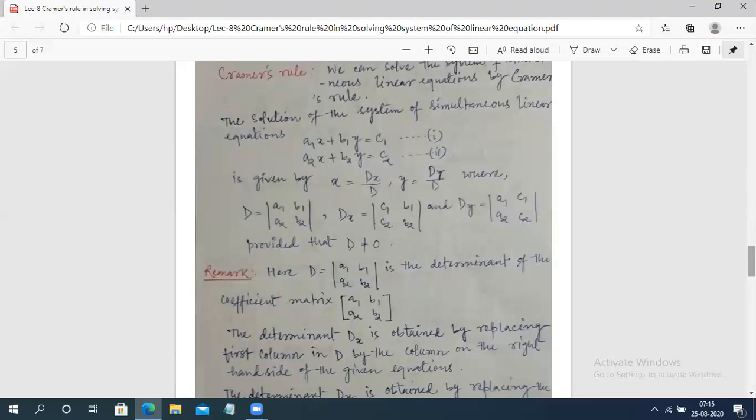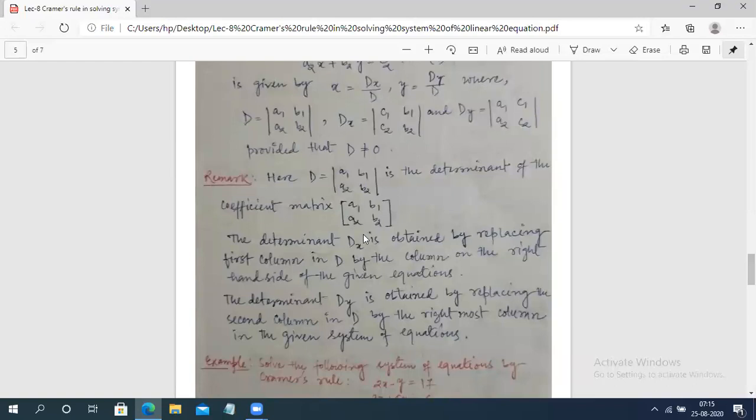Now here you can see that D is the determinant of the coefficient matrix. The determinant dx is obtained by replacing the first column in D by the column on the right hand side of the given equations, as I have already told you.